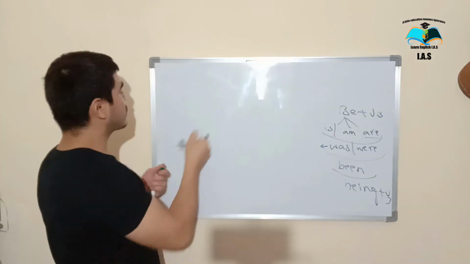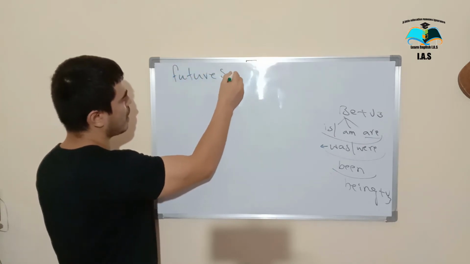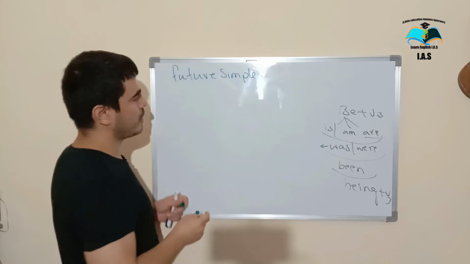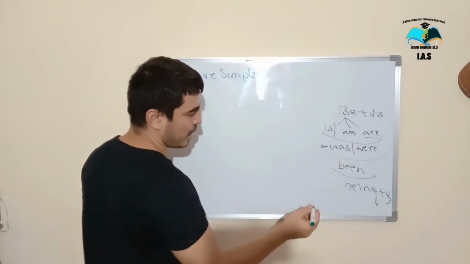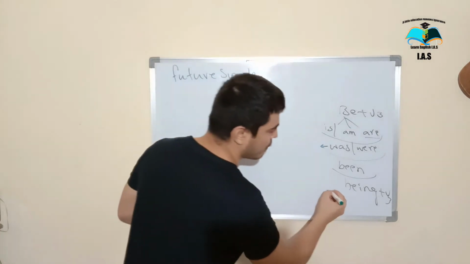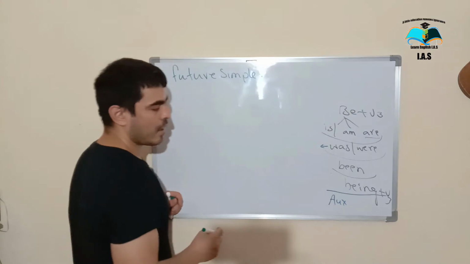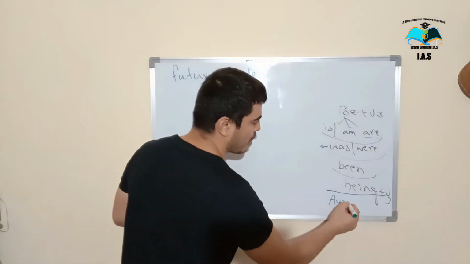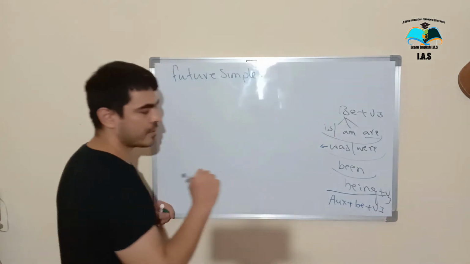Okay, let's go for the future simple. Right? Future simple. Okay, I forgot to tell you that if there is an auxiliary, then you have to use auxiliary plus be plus verb 3. This is very important.